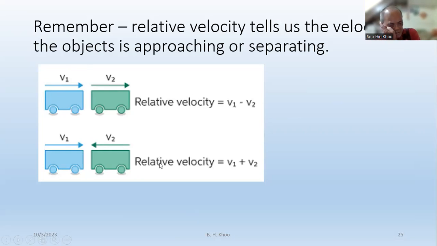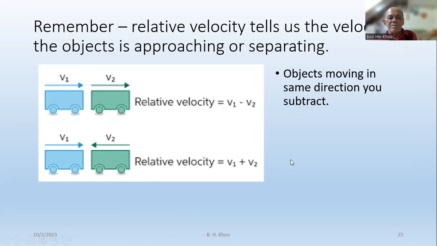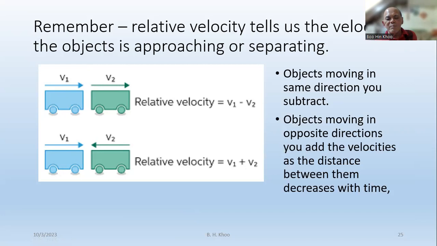Relative velocity of approach, where they are coming towards each other, then V1 plus V2. Objects moving in the same direction, you subtract. Objects moving in opposite direction, you add them up. That's another way of looking at it. As the distance between them decreases with time. When they approach each other, this one will take a longer time to catch up with each other.